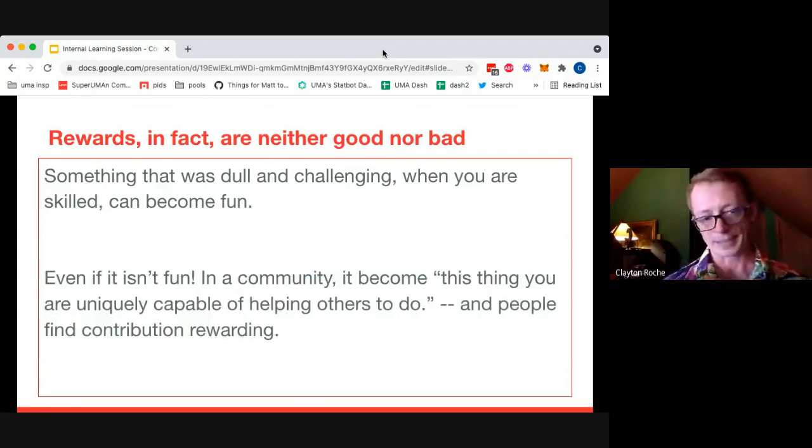Another interesting piece of this, and this is something that happens in a community, is even if it isn't fun, it becomes this thing that you're uniquely capable of helping others to do. And people find contribution to be rewarding. I don't want to assume another task isn't fun for another person, but for example, I think that we had trouble at times motivating people to be excited about UMIP reviews and UMIP structuring, right?